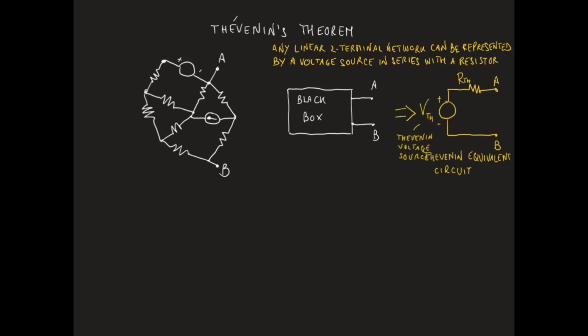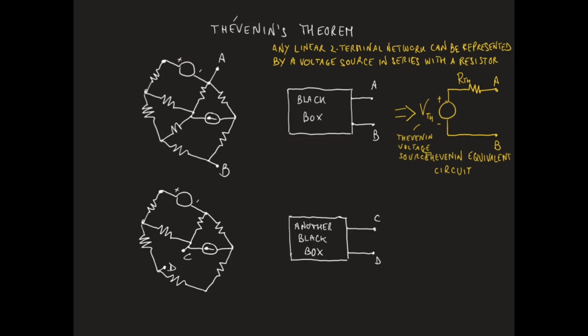Note that the terminals of the black box might actually not be present in a circuit. For example, you may want to find the current and voltage across a resistor that is already within a complex network. In this case, you must remove the resistor and create two terminals, making a new black box, and then find the Thevenin equivalent circuit.